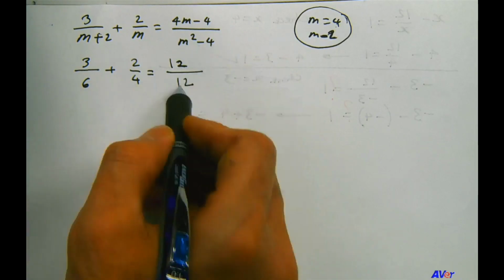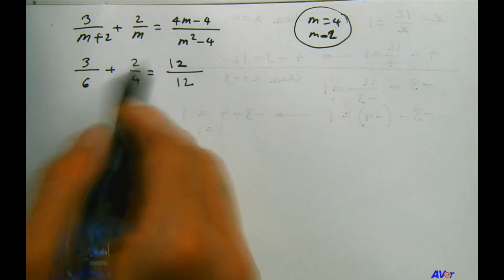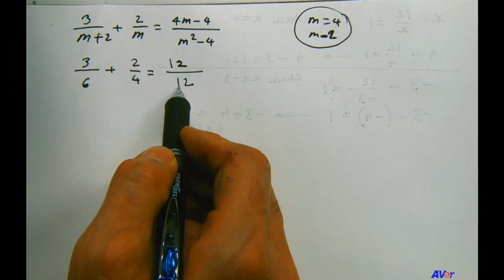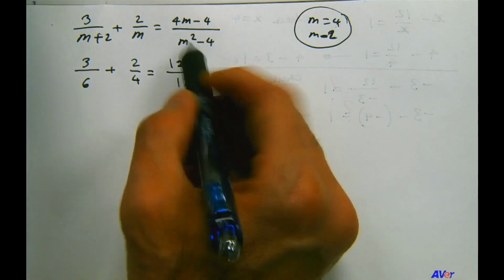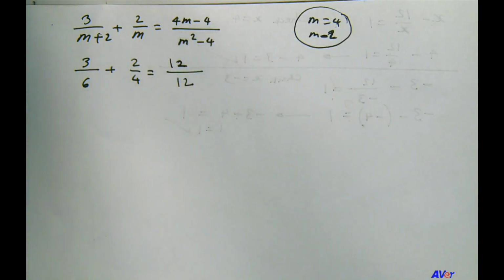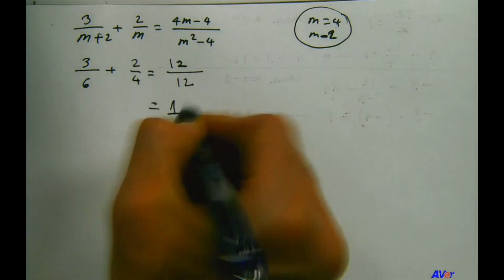So on the right, we end up with 12 over 12, which is 1. Let me double check that. So 4 times, is that right? 16 minus 4 is 12. And then in the denominator, again, yeah. So we end up on the right with 1.